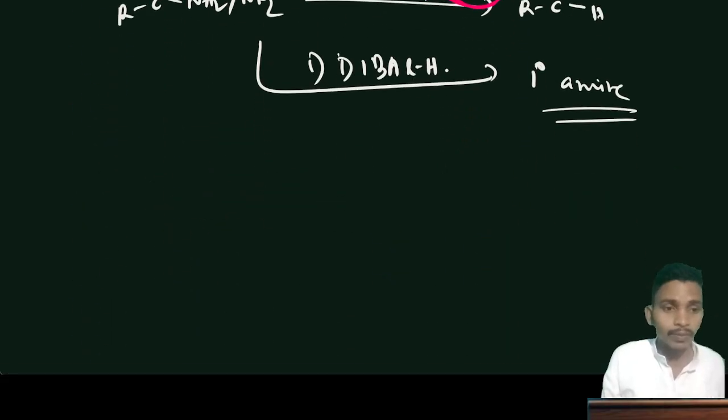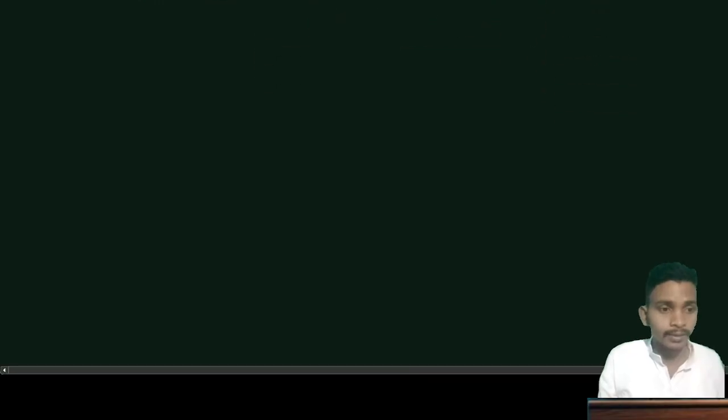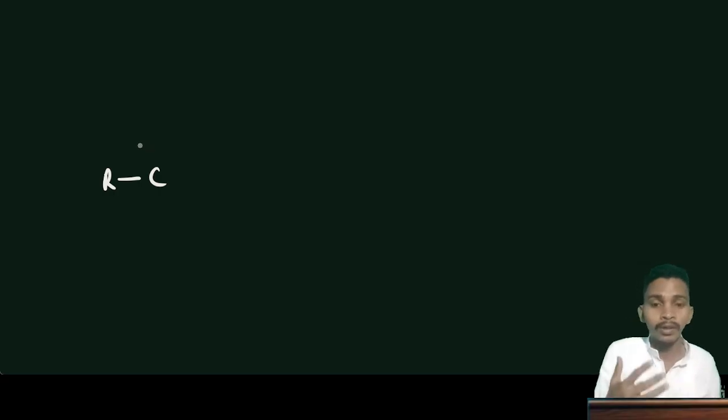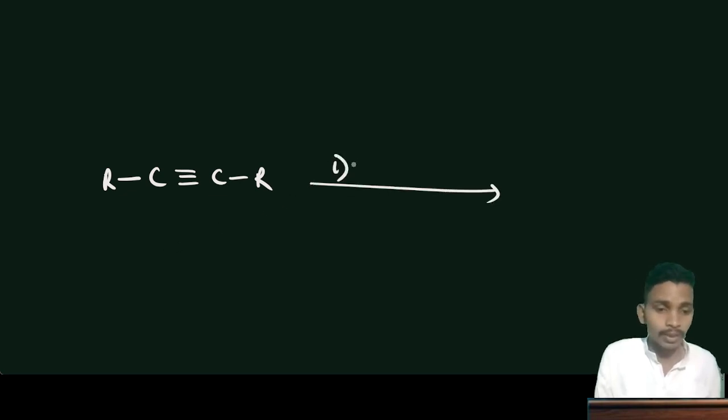Also, what will DIBAL-H do if you have alkyne groups, that is internal alkynes, not terminal alkynes? Like here we have C triple bond C with R groups, and now we are giving DIBAL-H, at any temperature, at room temperature.